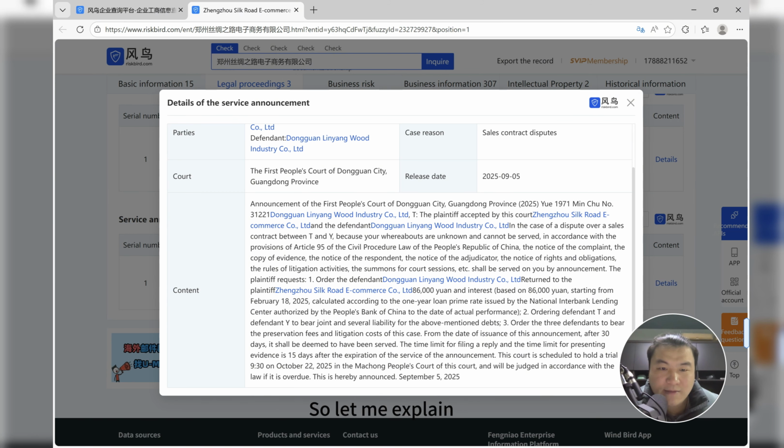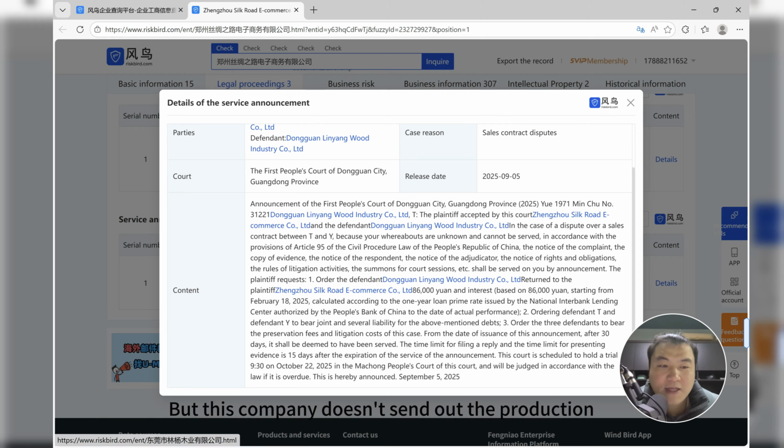So let me explain. From the description here, I can tell this company is this company's supplier, and this company paid this company, but this company doesn't send out the products to the buyer.